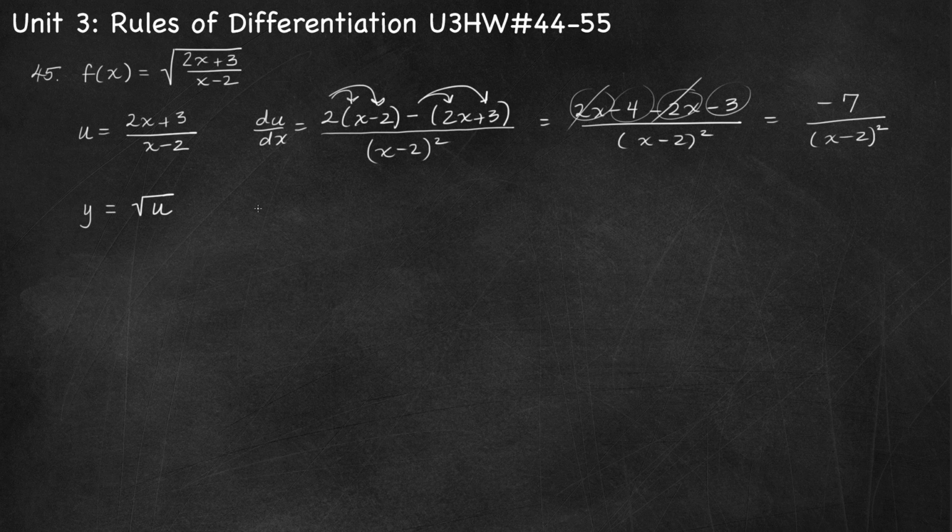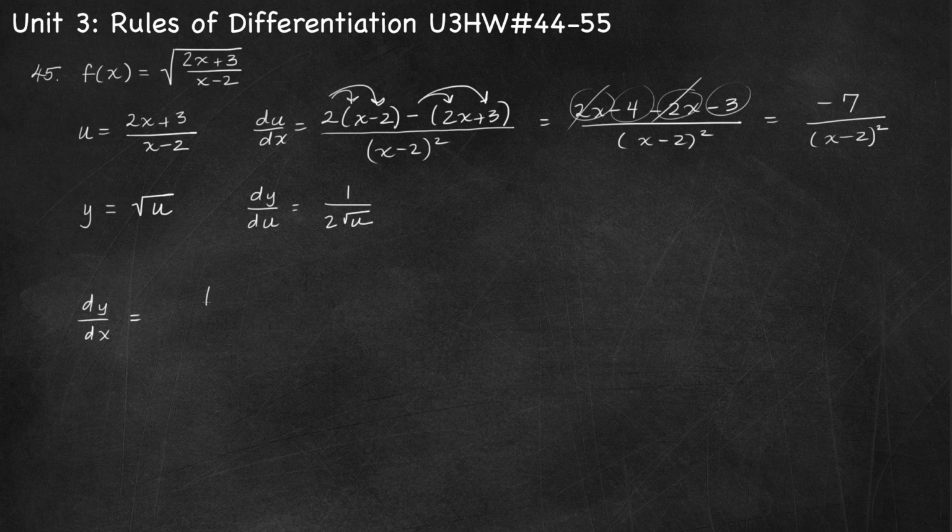The derivative of my outside function is the derivative of y with respect to u, so dy du. The derivative of square root u with respect to the variable u is 1 over 2 times the square root of u. So to get dy dx, which is equal to f prime of x, the derivative that I'm looking for, I multiply the derivative of my outside function by the derivative of my inside function.